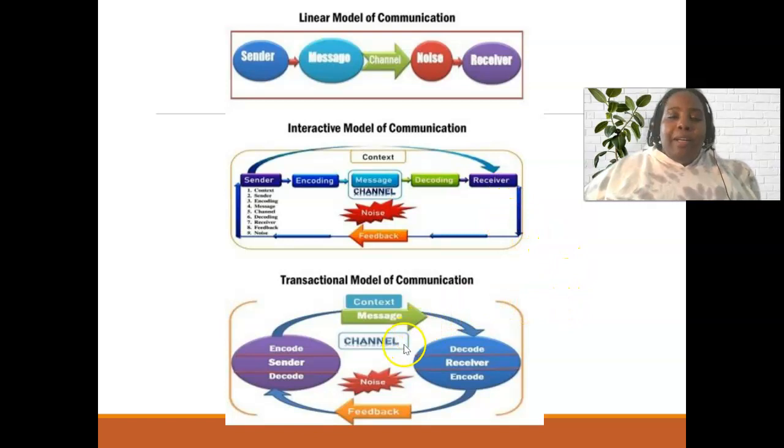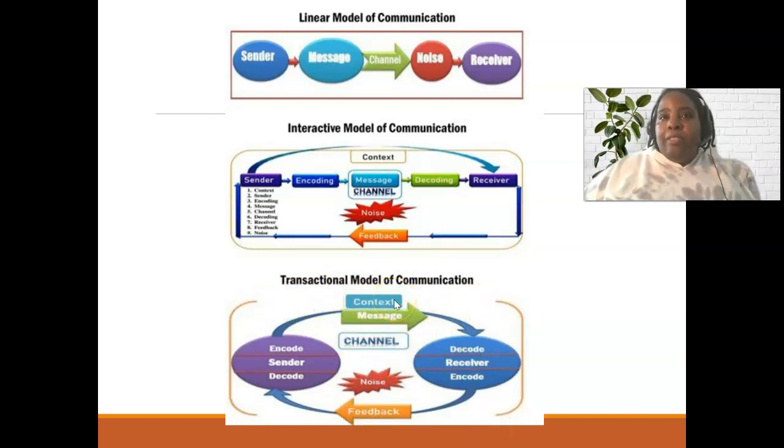For the transactional model of communication, we take into account that both the sender and receiver are both encoding and decoding the messages at the same time. They're both experiencing feedback. They're both speaking within a particular context.